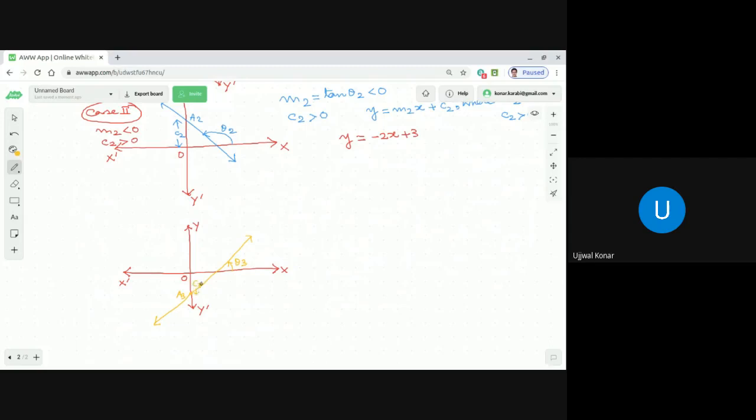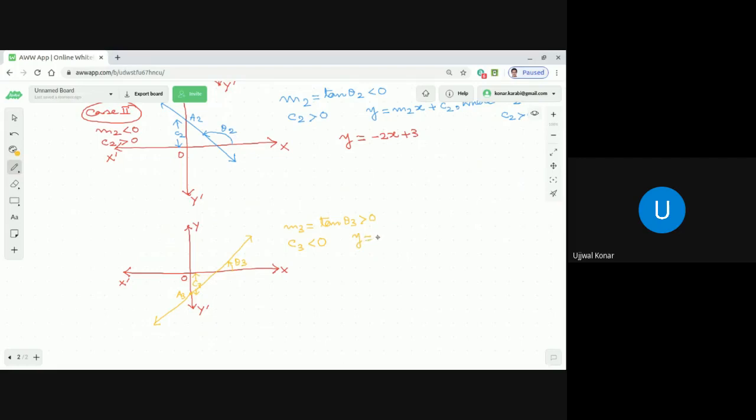Why is it negative? Because it is in the negative direction of the y-axis, below the x-axis. So what is M3 here, dear students? M3 is equal to tan of theta 3, which is greater than 0. And C3 is less than 0 because it is below the x-axis, the negative part of the y-axis.